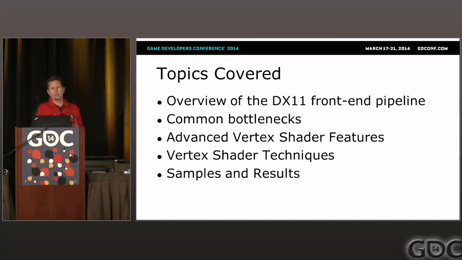I'm going to talk about some of the common bottlenecks with that part of the pipeline. And also going to talk more concretely about some specific features, and then how you can use those features in an actual game. And I'm going to also give some performance results, too.